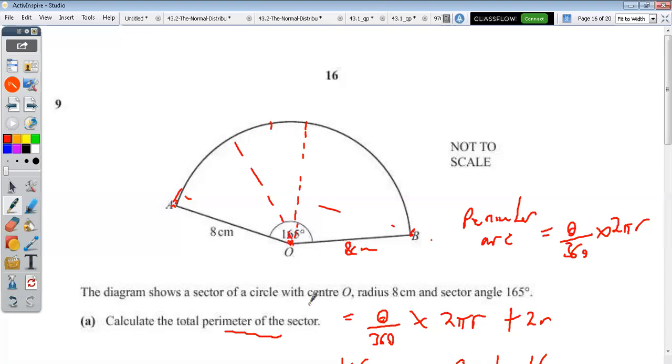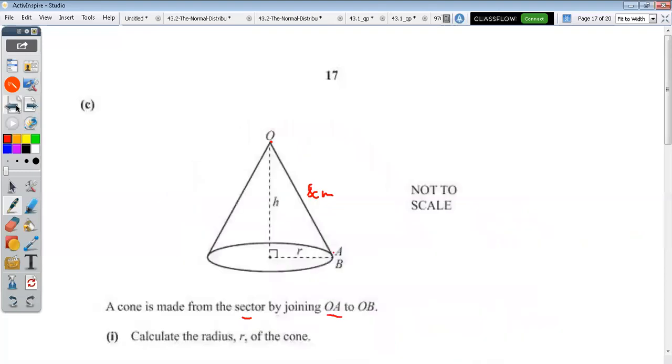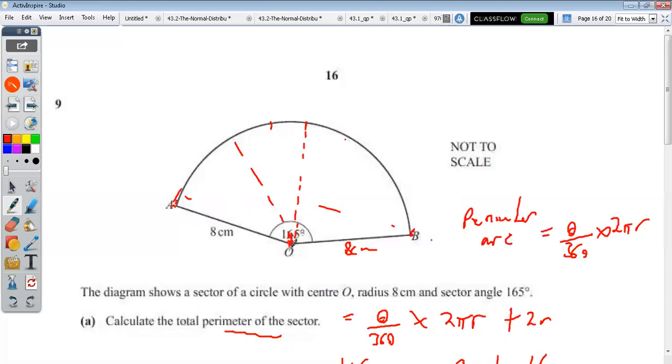So wouldn't the height be 8? I get your point. You're saying from the center to any point on AB. Okay. I don't know if that's right, but that's my thinking. Because this is the center.